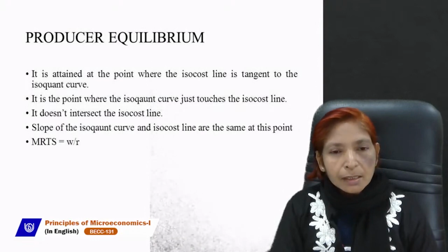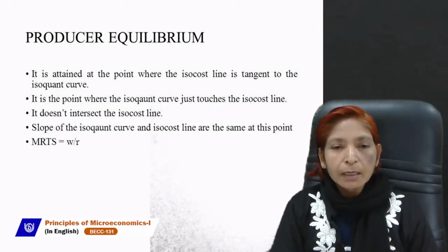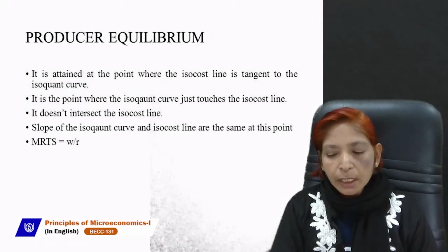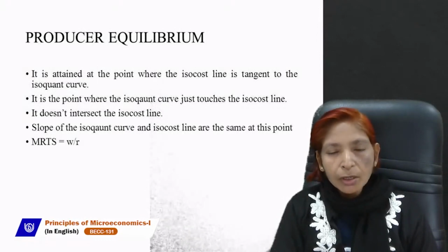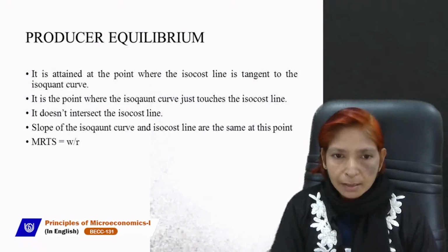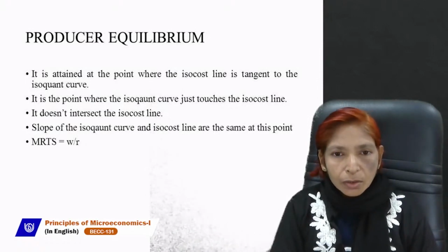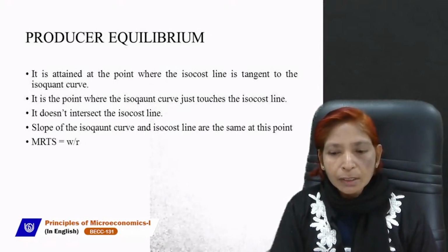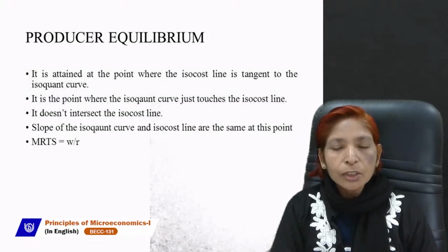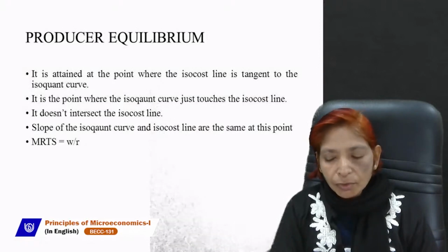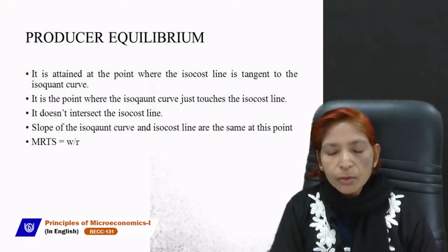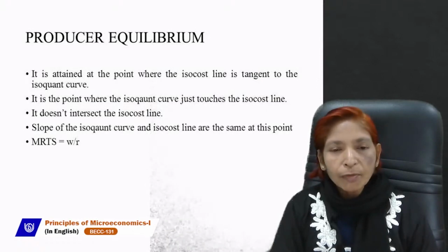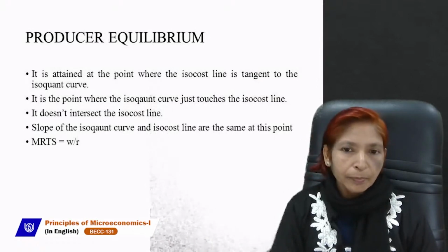Iso cost line is the same as the budget line or price line, which I have discussed with you in consumer behavior or indifference curve analysis. So the iso cost line shows different possible combinations of two factors of production which the producer can use for the production of goods and services or can buy with the help of its given resources.